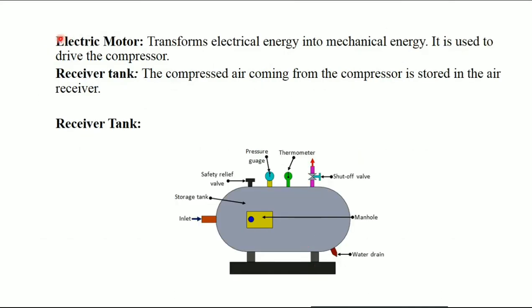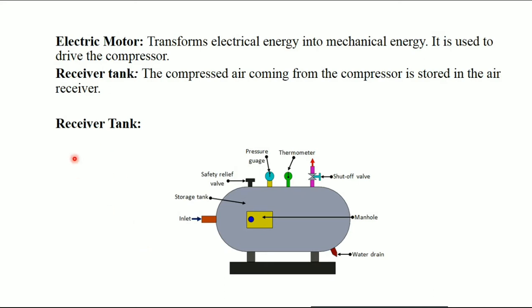Then the electric motor transforms electrical energy into mechanical energy and is used to drive the compressor. Then at last, the receiver tank. The compressed air coming from the compressor is stored in the tank. It is called a receiver.